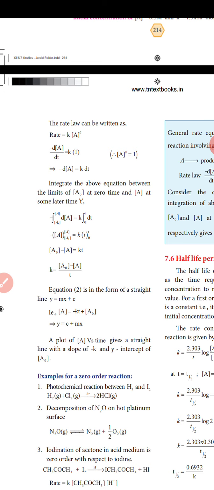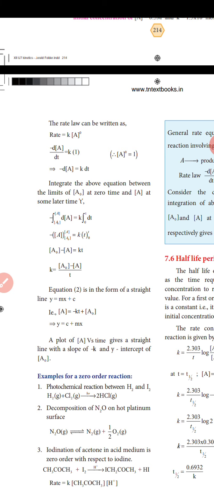So minus d of A by dt is equal to k times 1, since A naught is equal to 1. So minus d of A is equal to k dt. Then integrate the above equation between the limits of A naught at time 0 and A at some later time t.